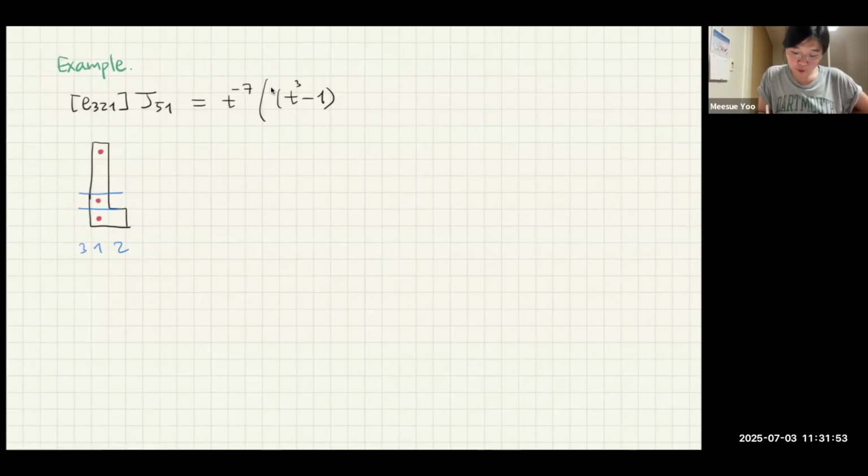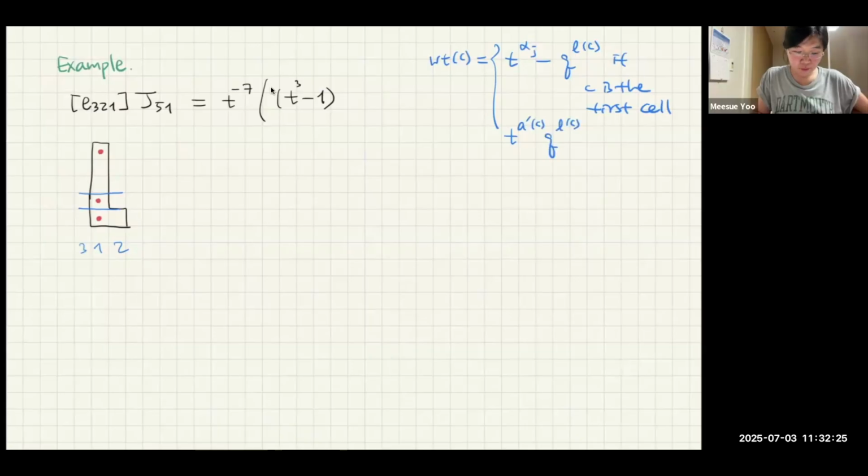In that case, the weight is going to be, so let me write it down over here. The weight is t to the alpha minus q to the leg if the C is the first cell of the composition, and t to the arm prime, and then q to the leg minus 1 otherwise.